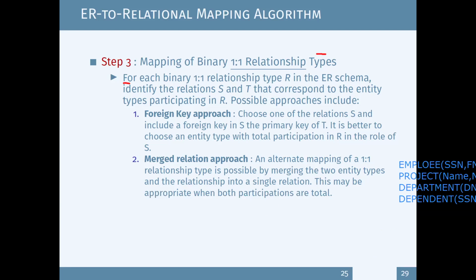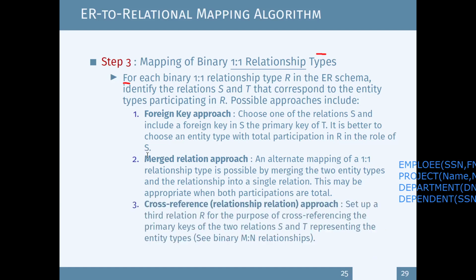Third one, we are going to create a separate relation, right? What do you mean by separate relation? This is called cross-referencing. You can create a separate relation in which we combine the primary keys from both relations.